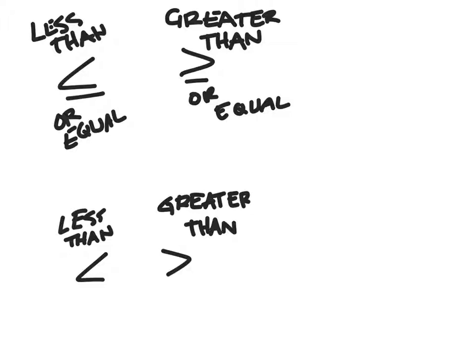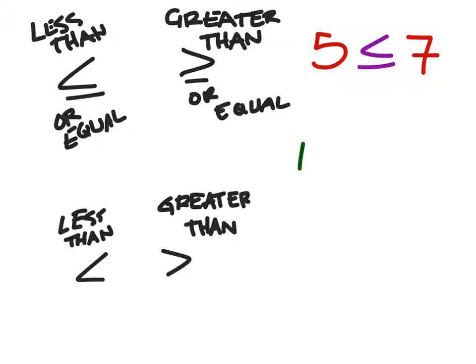For example, let's compare 5 with 7. Well, 5 is less than 7. That is true, right? But what about 5 is less than or equal to 7? I remember you guys are supposed to be writing this down, right? That'd be good. So this is true, but let's look at another example.